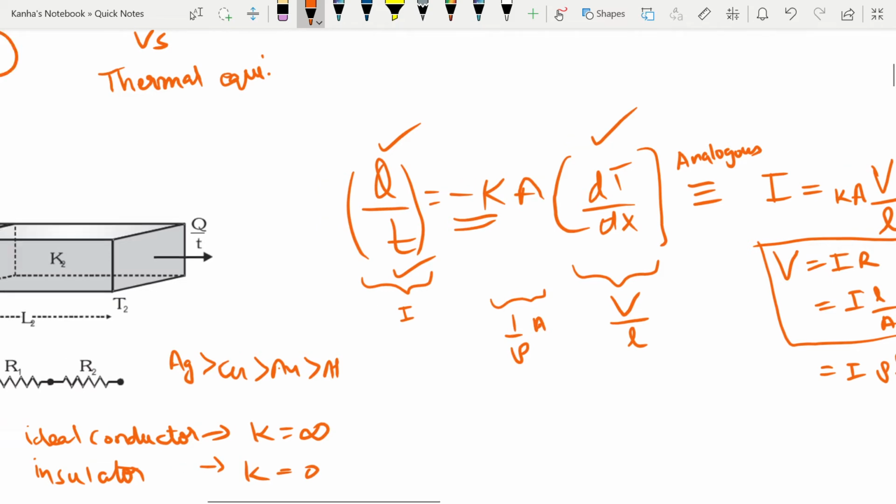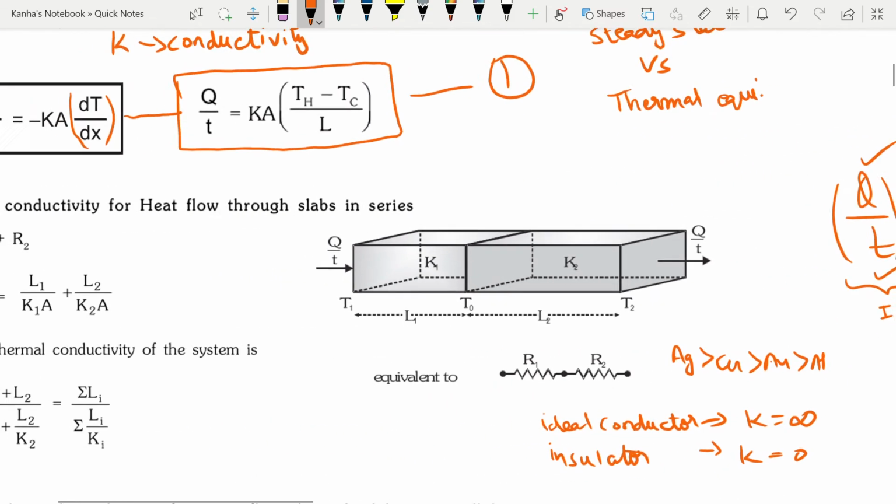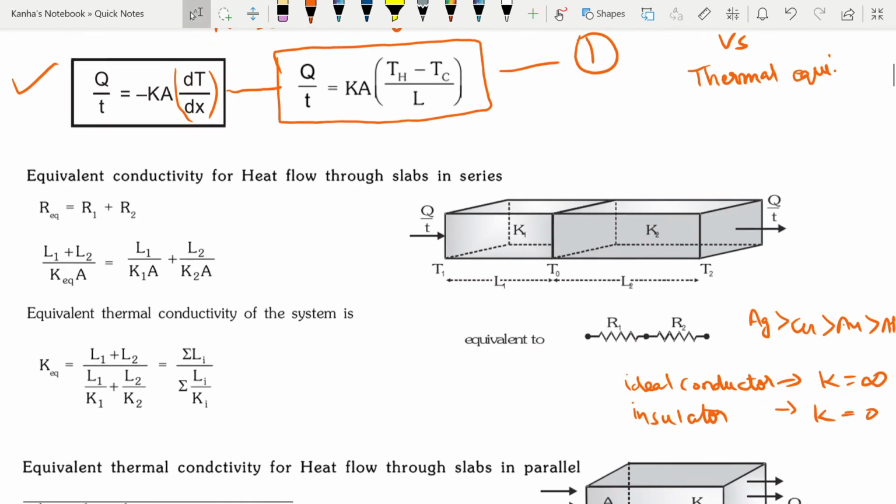Okay, with this in mind, now we talk about equivalent conductivity for heat flow through slabs in series. So when you attach two slabs in series and this end is at temperature T1, the other end is at temperature T2, in order to find the conductivity, you can easily write down the resistances.